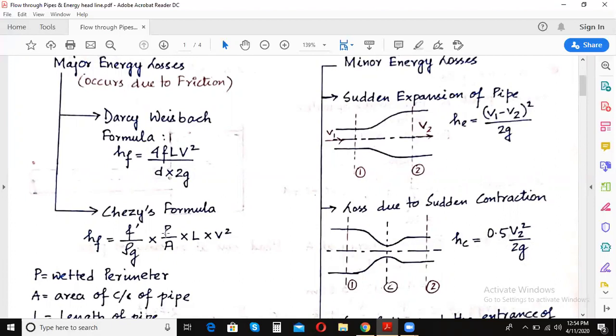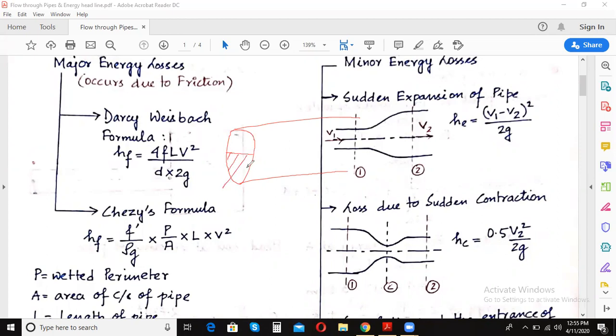So suppose we have a pipe, I will show you. Suppose this is our pipe, okay? This is the cross section of the pipe and this is the length of the pipe, and my fluid is flowing up to this much, okay? Fluid is only flowing up to this much.